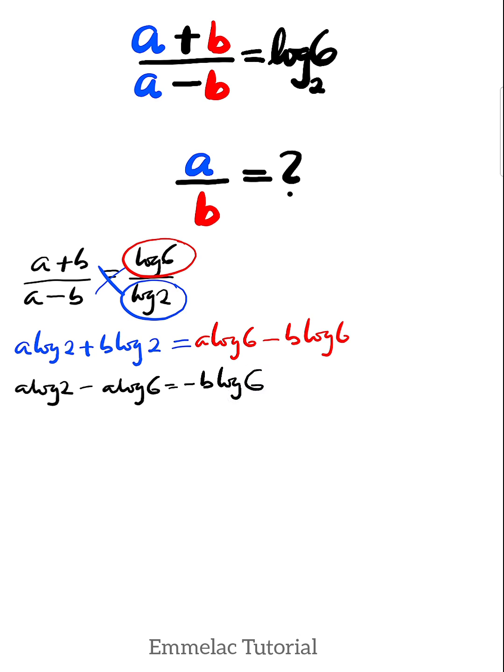Then you take this positive b log 2 over to the right hand side, and that becomes minus b log 2.